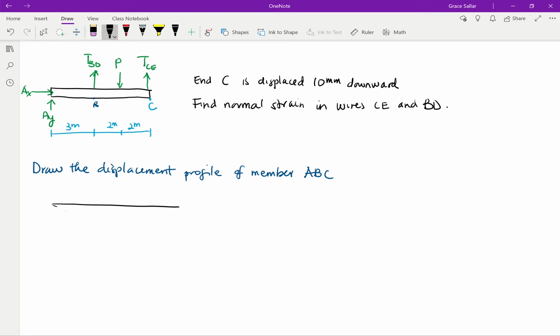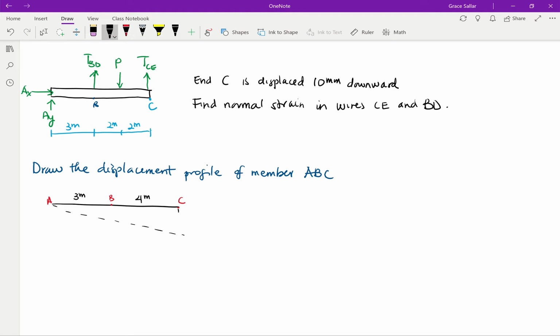That's really it. And we're going to see that our beam, AB is somewhere here, and BC is somewhere here. Remember that this is 3 meters, and this is basically about 4 meters.